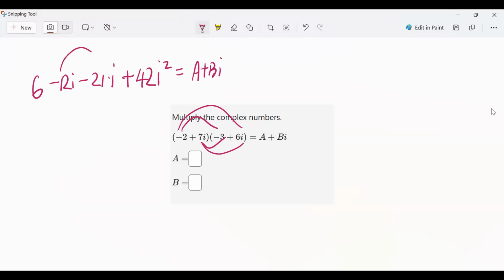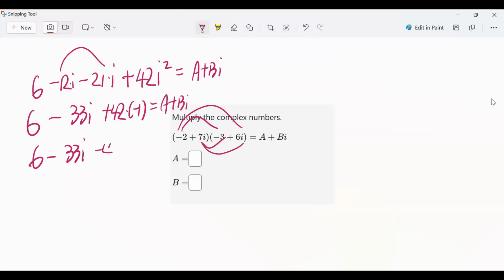Now combine like terms. The middle two are like terms. Minus 12i minus 21i, we end up with minus 33i. And then i squared is -1, so it's 42 times -1, which is minus 42. Now 6 minus 42, that's minus 36.